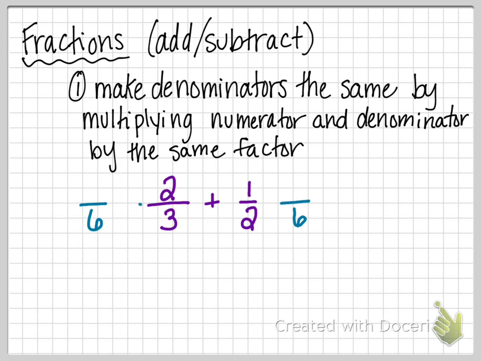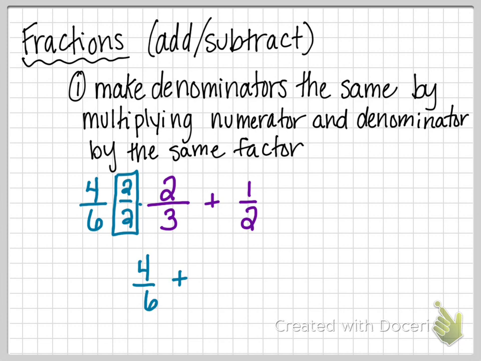2. So we're going to multiply the top by 2, and we're going to multiply the bottom by 2. 3 times 2 is 6. 2 times 2 is 4. So our common denominator is 6. We get 4 over 6 for our first fraction, and we will add. Now we need to get 1/2 to have a common denominator of 6.